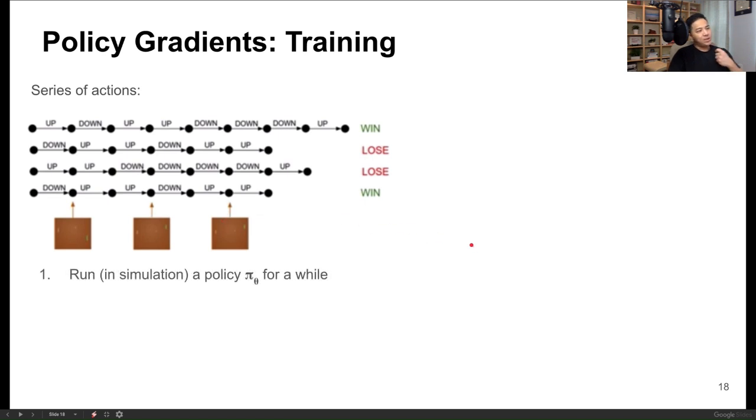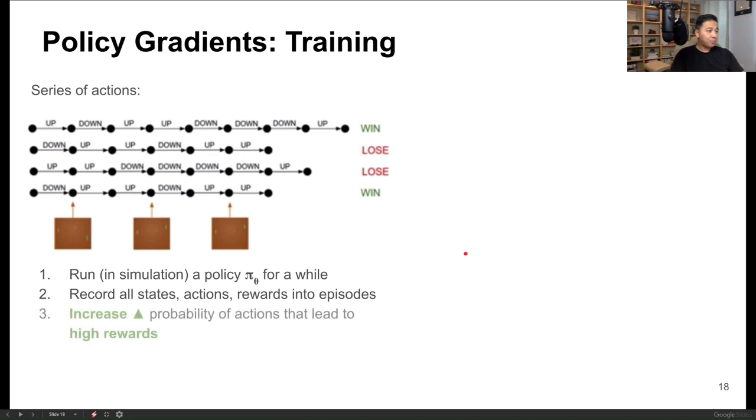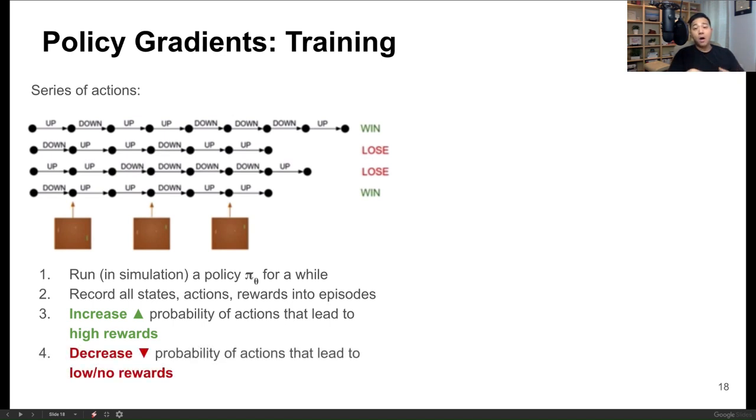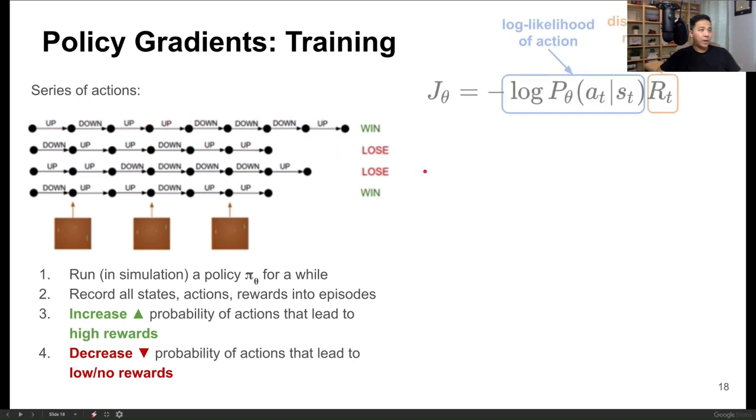So what you do is you run in simulation a certain policy for a while, and then collect the state, action, rewards and combine it into what is called an episode. And what you do is, if you see a high reward, then you increase the probability of those actions inside that episode. If you see that it lost or no rewards, then you decrease the probability of all of the actions inside the episode. Episode meaning all of this series of actions, right?